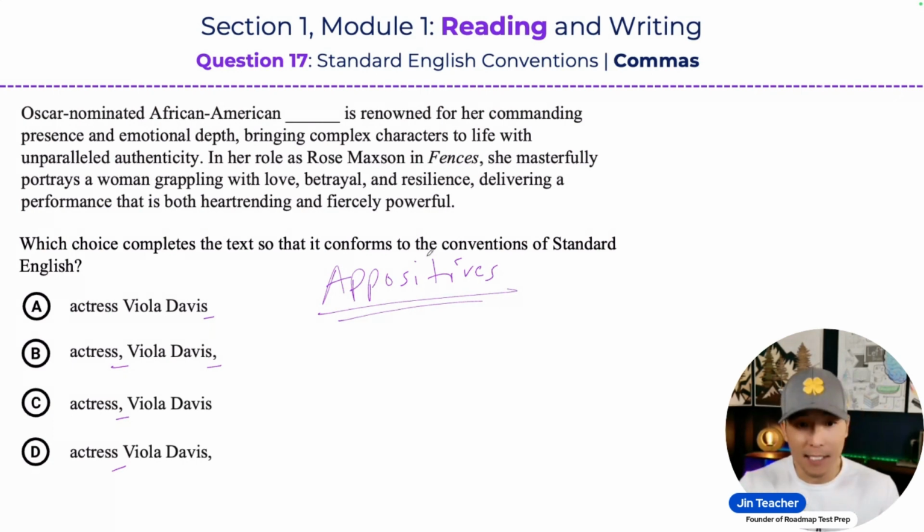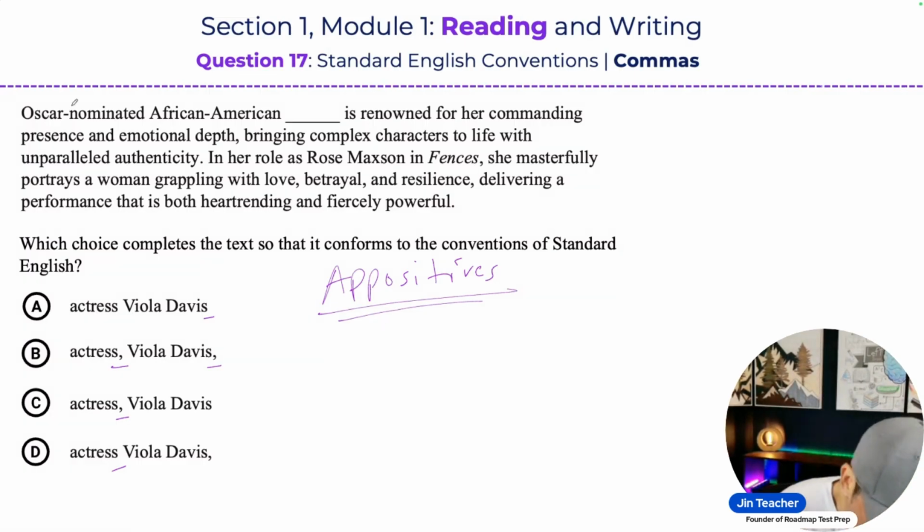So what is an appositive? An appositive is nothing more than the second of two noun phrases that appear back to back. Let me say that again. An appositive is the second of two noun phrases that appear next to each other. In this sentence, we have Oscar-nominated African-American actress.